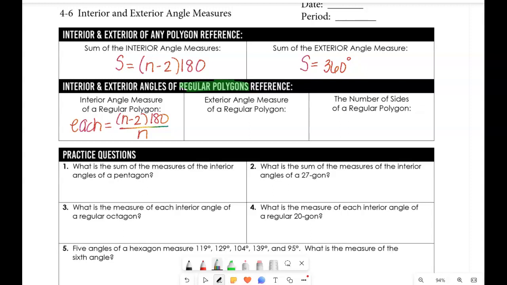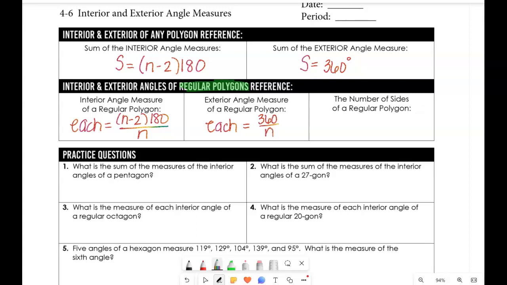So we're taking that generic sum formula, the quantity n minus 2 times 180, and dividing by n. What about each exterior? Each equals 360 divided by n.